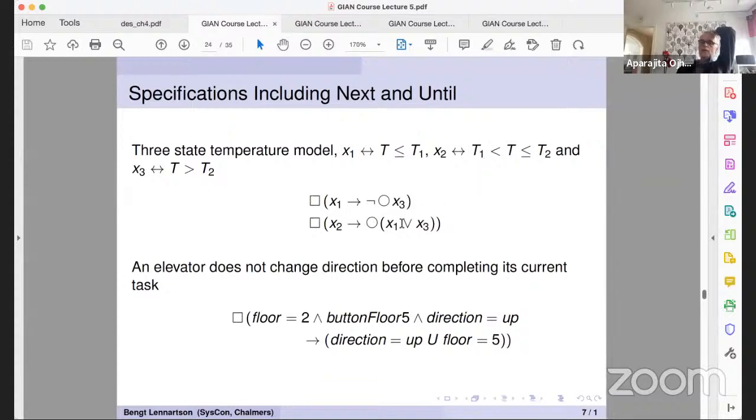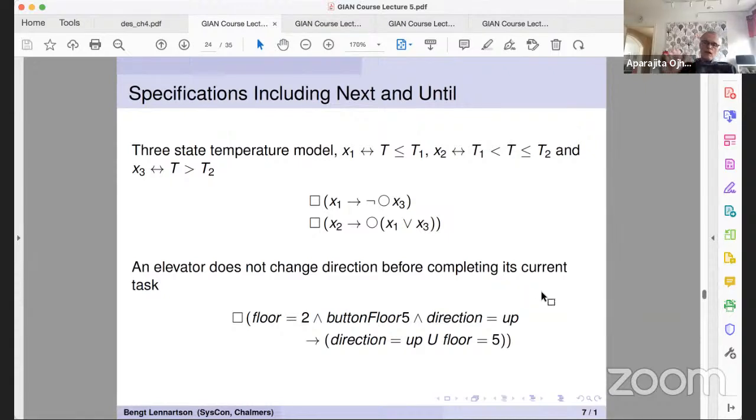On the other hand, if you are in state x2, where you are in the middle temperature, then there is always a possibility that the next state is x1 or x3. That could be expected as something that could be true, while jumping from x1 means that the next one cannot be x3.